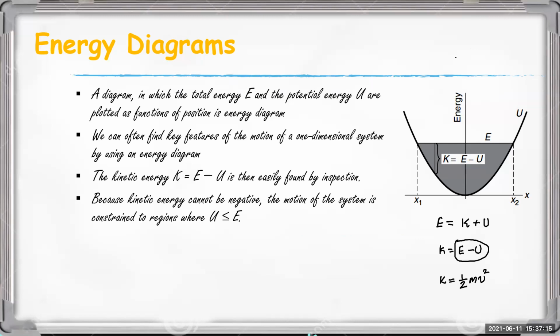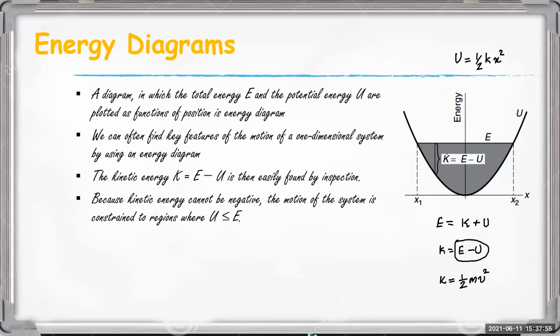What is the potential energy of a harmonic oscillator? It is equal to 1 by 2 k x squared. If a function depends on x squared, or is proportional to x squared, such a graph must be a parabolic one. So look at this U curve, it is a parabolic one. Then what about the total energy?